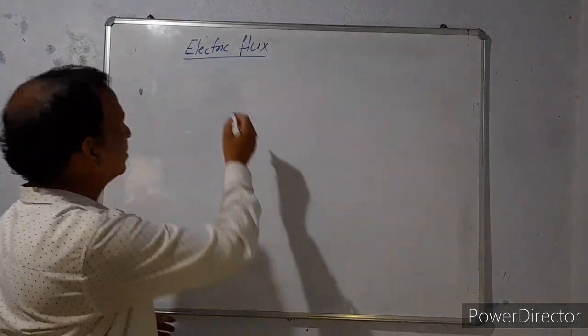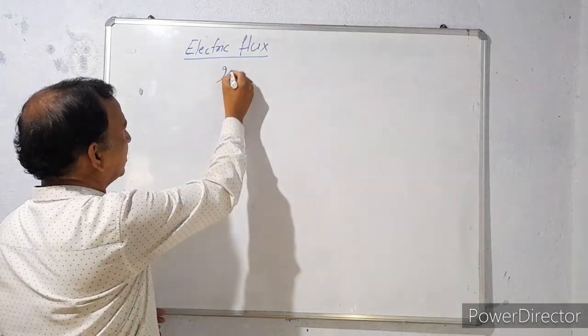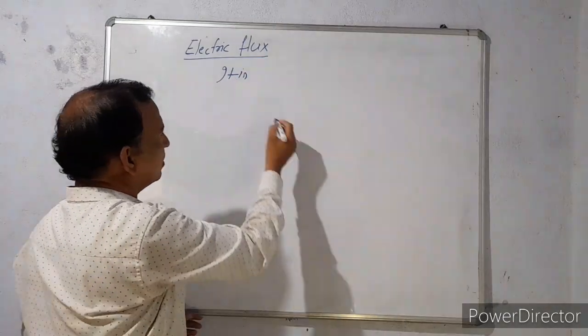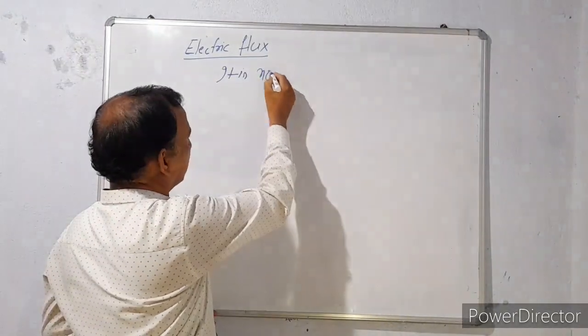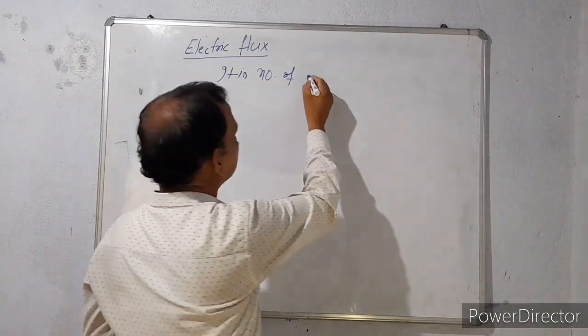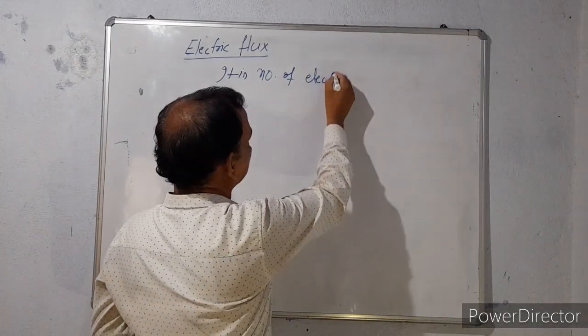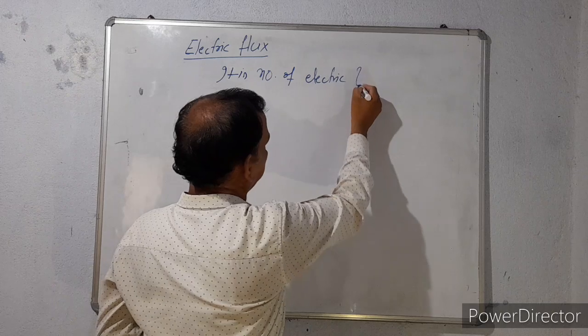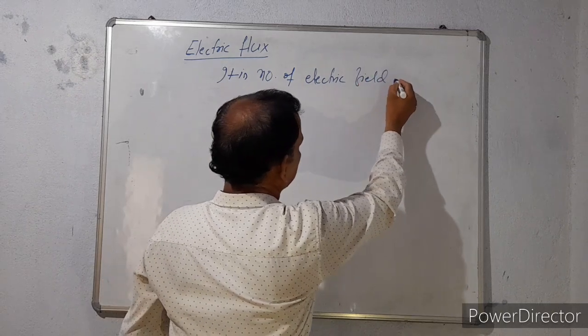Flux is the number of electric field lines.